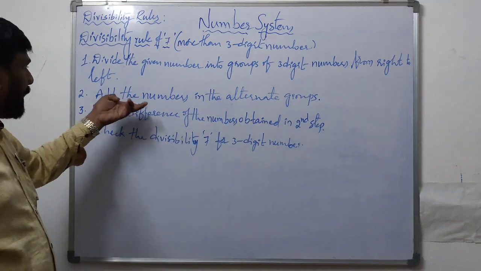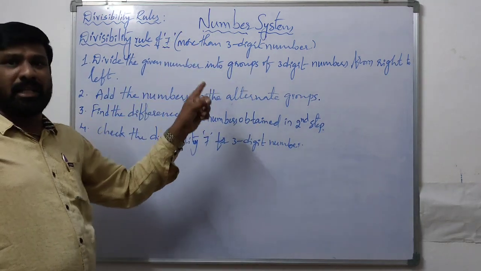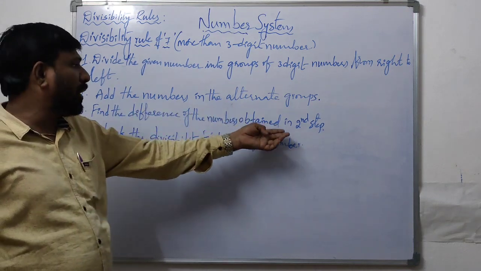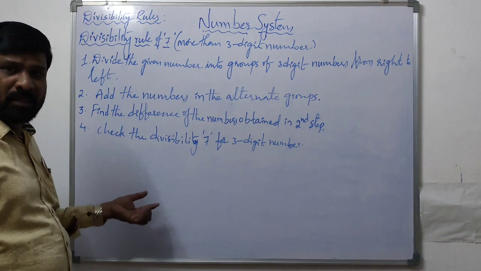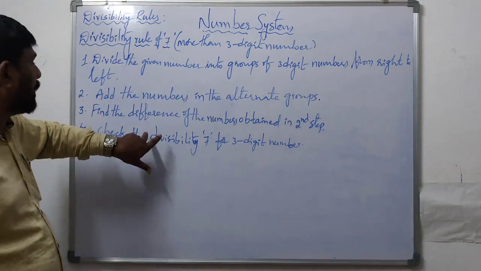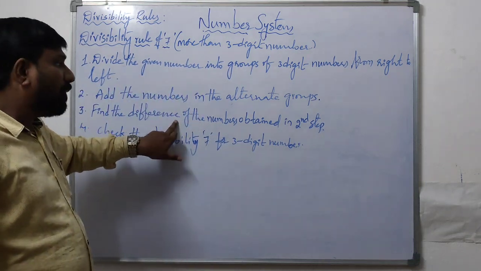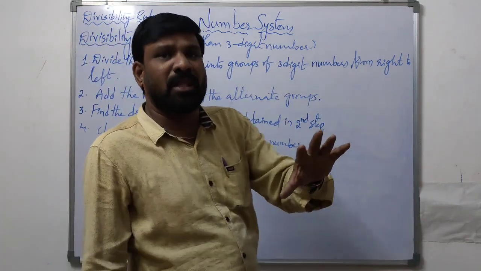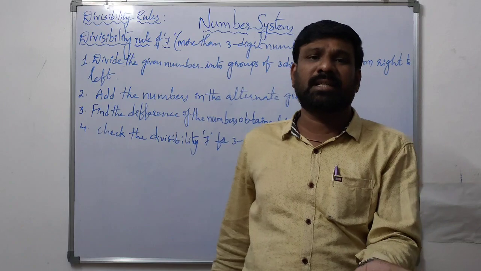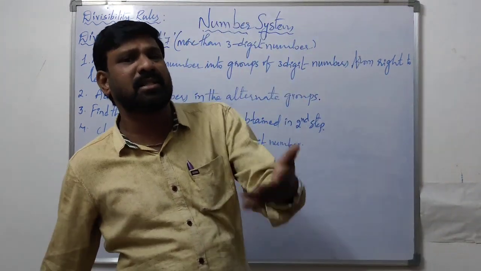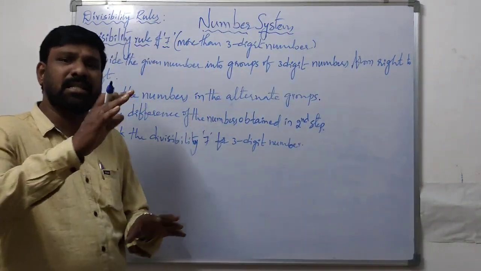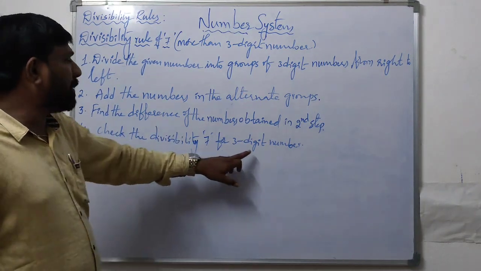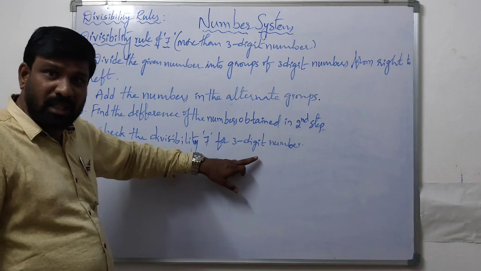Whatever sums you obtain, the sum of groups 1 and 3 and the sum of groups 2 and 4, the difference of those sums you need to find in the third step. Once you find the difference, whatever the number is, even if it has 12 digits, 10 digits, 9 digits, 7 digits, or any number of digits, it will be reduced to a 3-digit number.